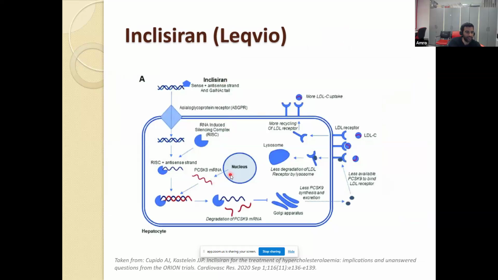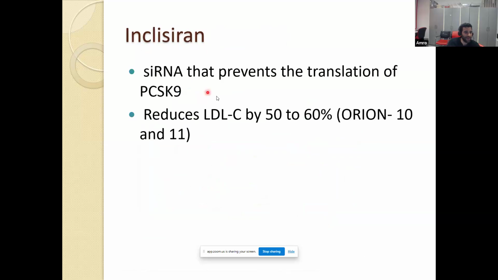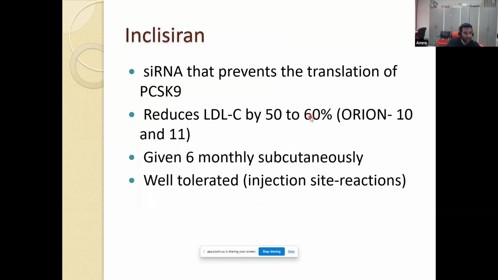So it blocks it from being translated and producing the protein PCSK9, and so it works further back at the level of the nucleus. So this, if you like, is a gene therapy, and it targets the liver. It reduces LDL cholesterol again by around 50 to 60% in the trials, and it's very well tolerated.